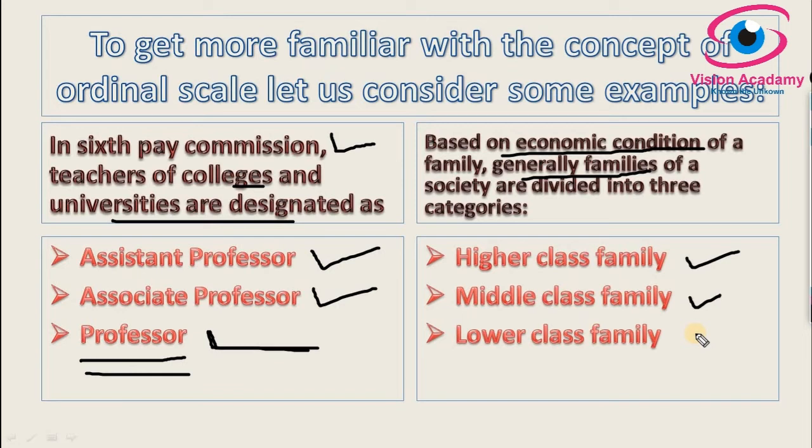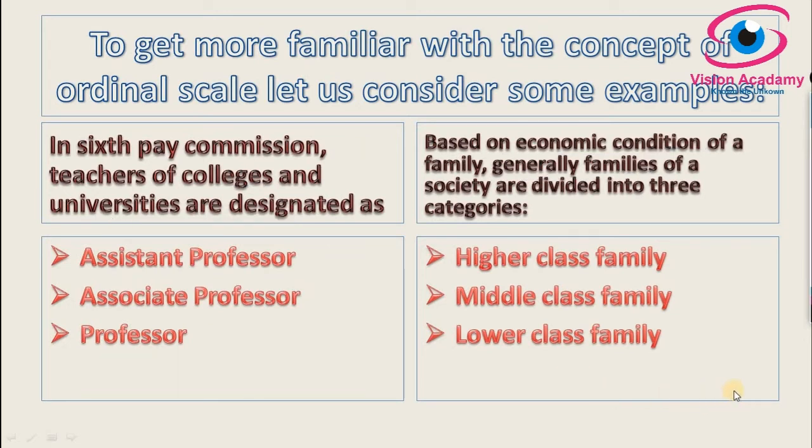But the actual difference between them cannot be measured, because you can just put them into a category of order or rank, but you cannot say the actual difference. If you want to know the actual difference, you need to go for the interval scale.